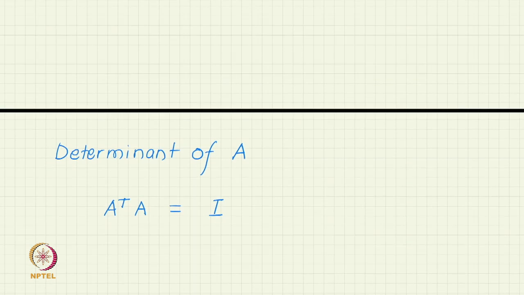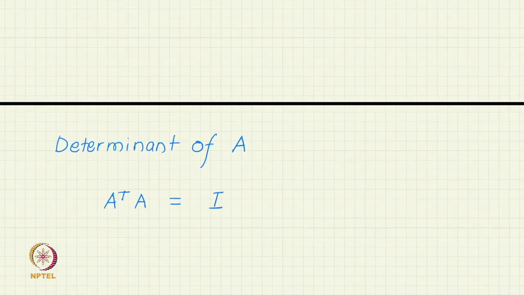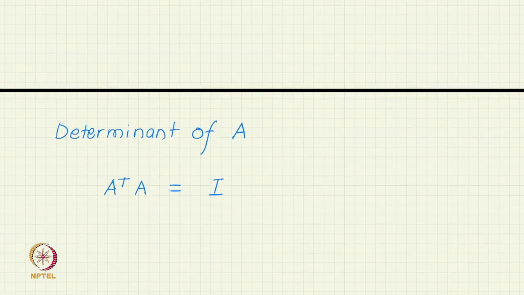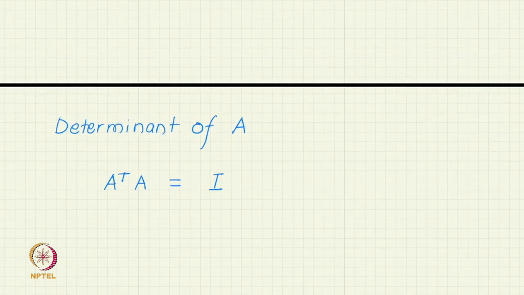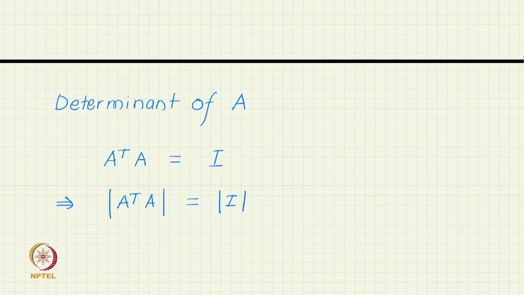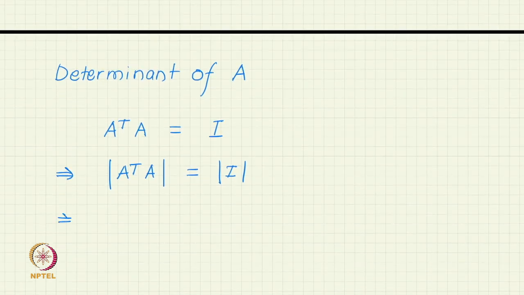Now, this result also leads to an interesting result about the determinant of the transformation matrix. We have already seen that A transpose A is equal to I. Taking the determinant of both sides, we can write determinant of A transpose A is determinant of I. The determinant of a product of two matrices is the product of the determinants.